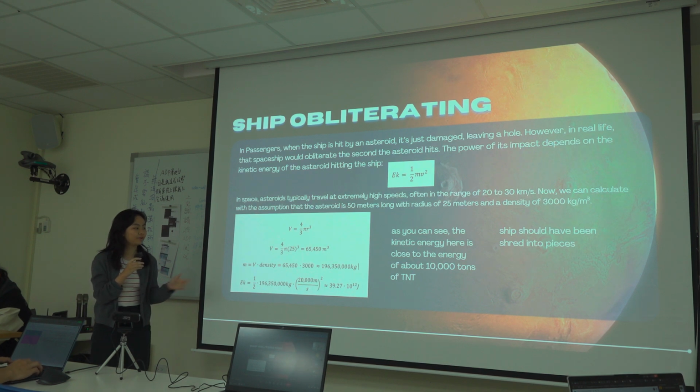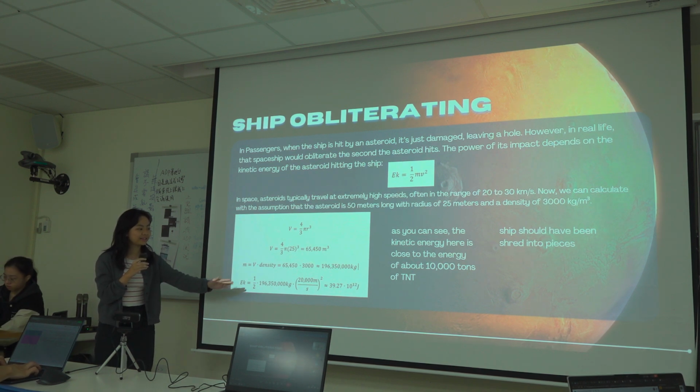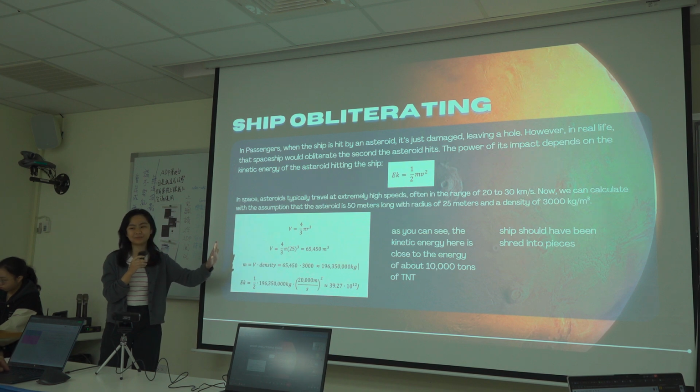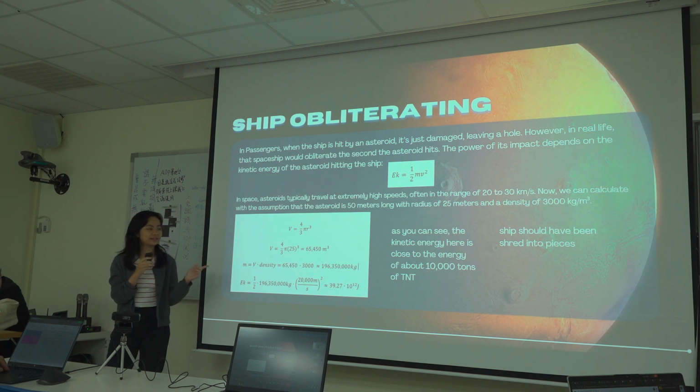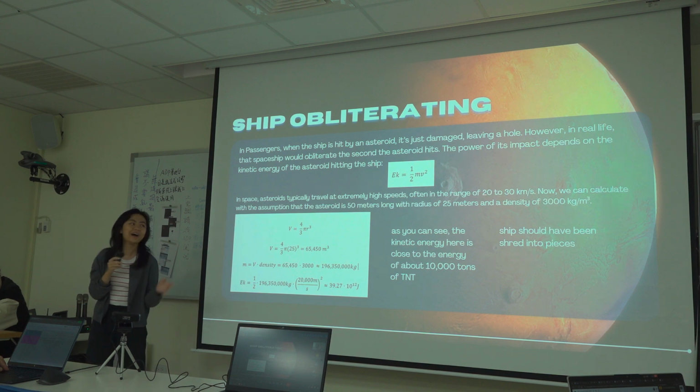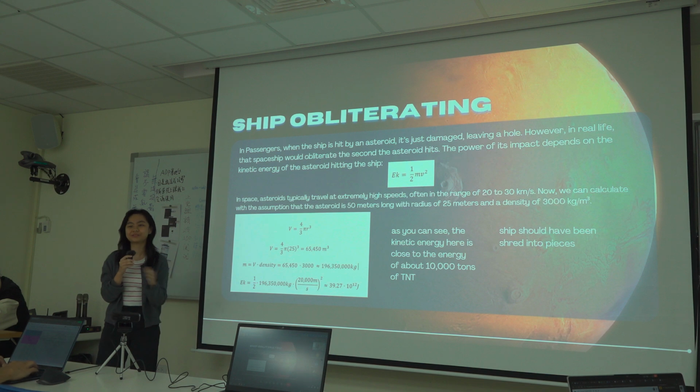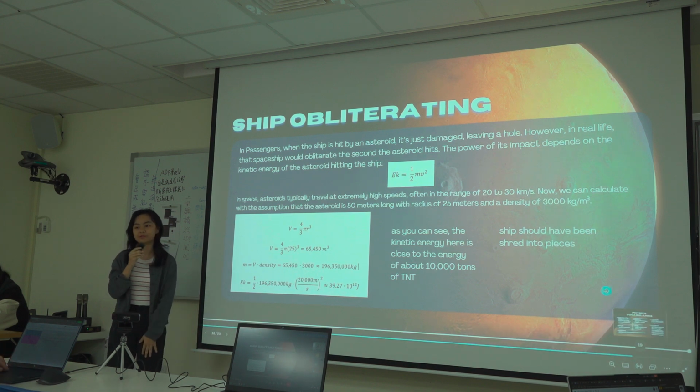So if we compare it to the explosion of the asteroid hitting the Avalon in this movie, it's equivalent to about 10,000 tons of TNT exploding. So the ship should have actually been obliterated. The movie should end credits right there and then. So that is my observation from this movie.